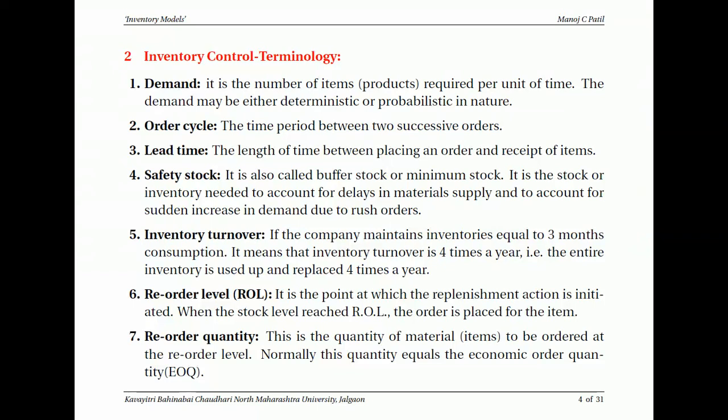If the supplier fails to supply in 2 days or 3 days, there must be some stock. So it is called the buffer stock or minimum stock. It is the stock or inventory needed to account for delays in the material supply or to account for a sudden increase in demand due to rush orders.